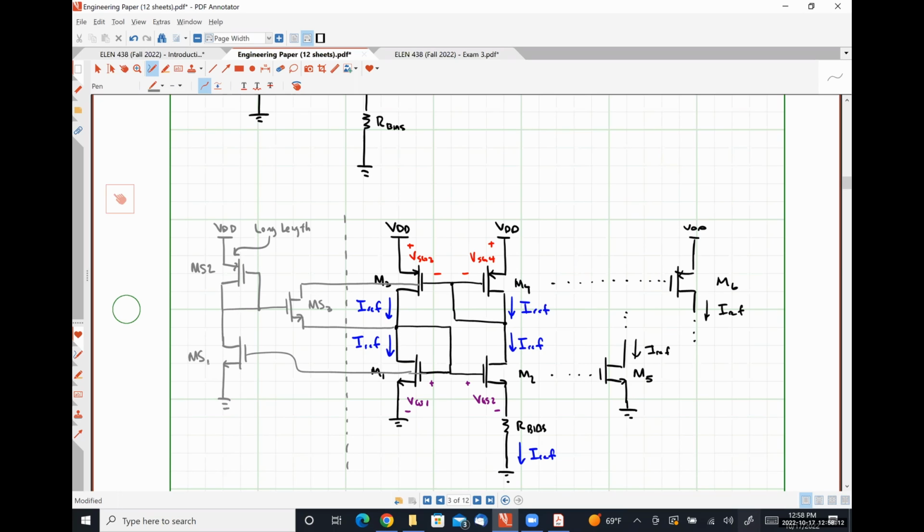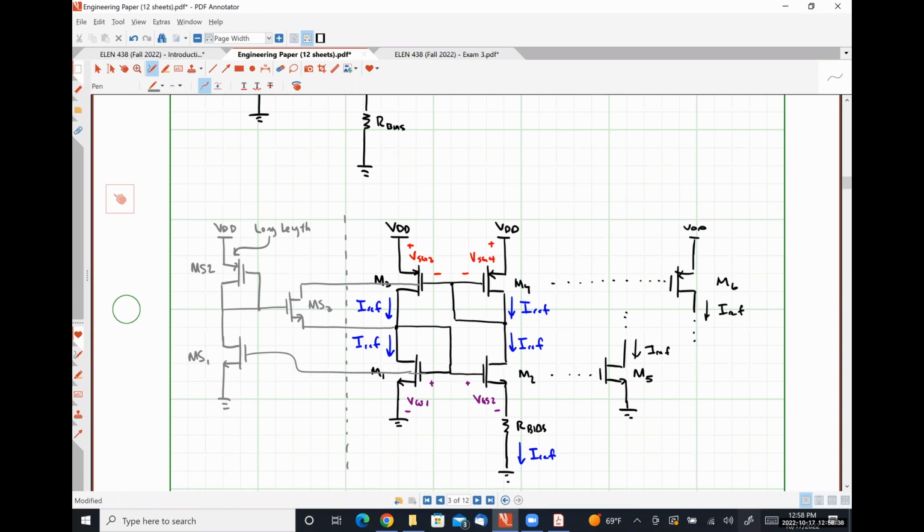So the unwanted state in this circuit is going to occur when the gates of M1 and M2 are at ground, which in turn means that the gates of M3 and M4 are at VDD. Effectively, the unwanted state is everything is off.